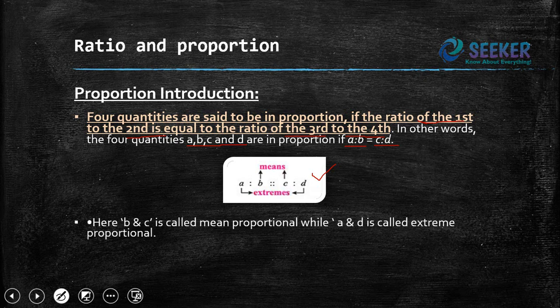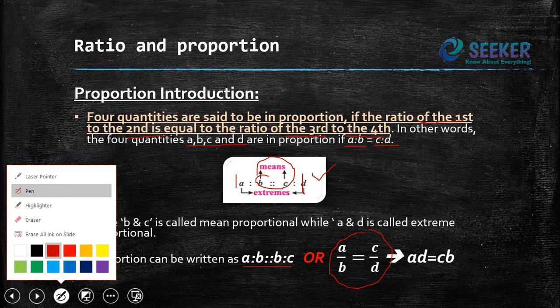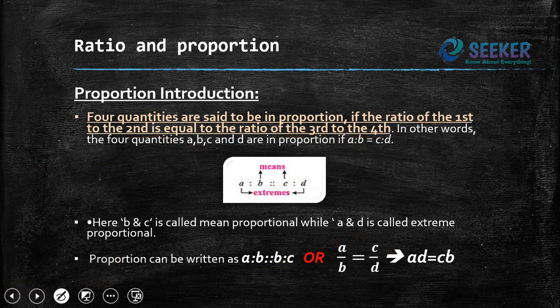But here B and C are known as mean proportional, while A and D are called extreme proportional. And it can be written as A by B is equal to C by D, and by cross multiplication it comes out to be AD is equal to CB.